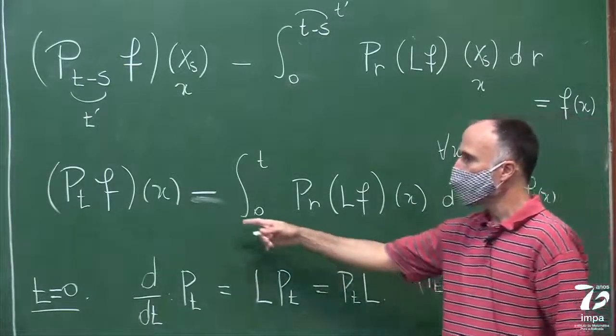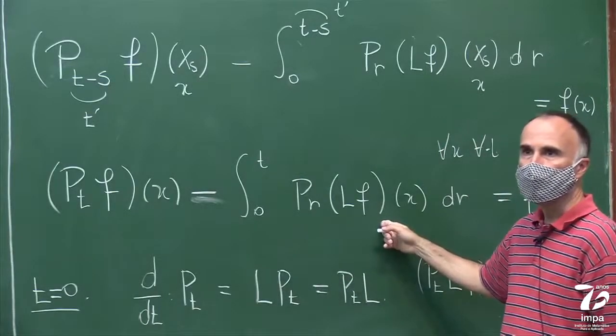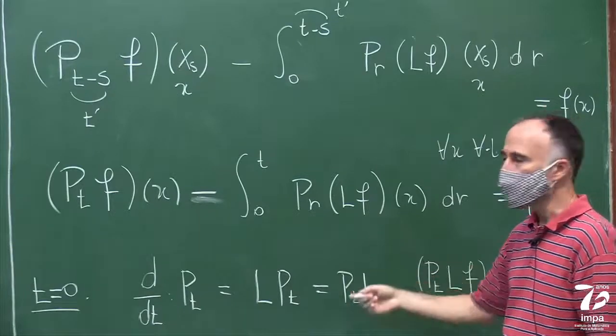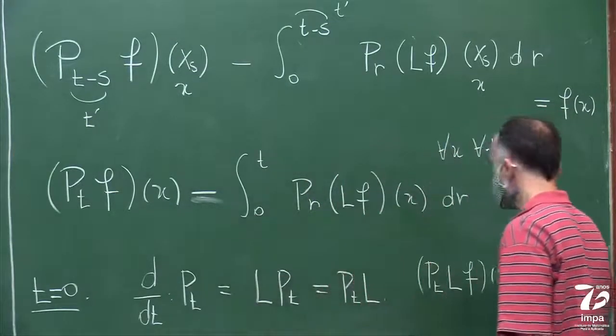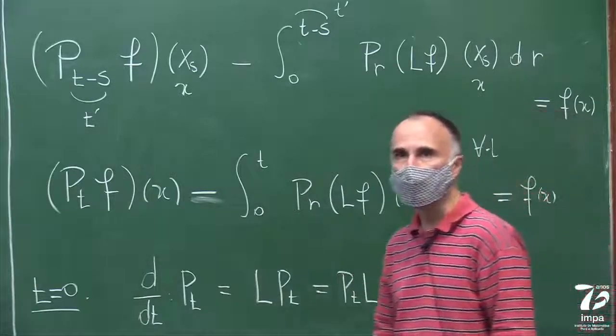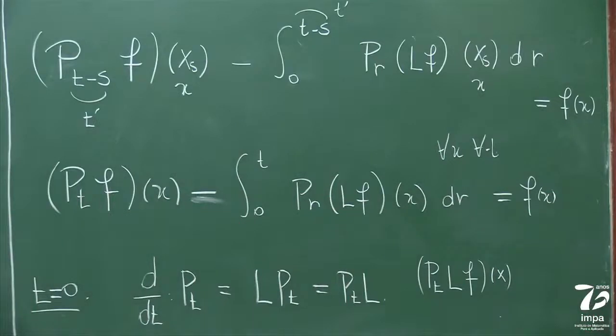So the derivative of this expression in time is equal to 0. Since it's equal to 0, this expression, equal to fx at time 0, is constant equal to fx, and we proved indeed that this identity holds, and therefore that M is a martingale. All right? So this is a martingale.